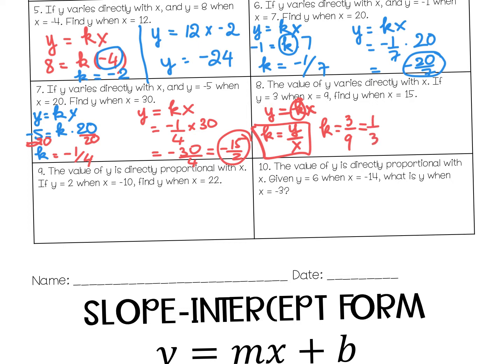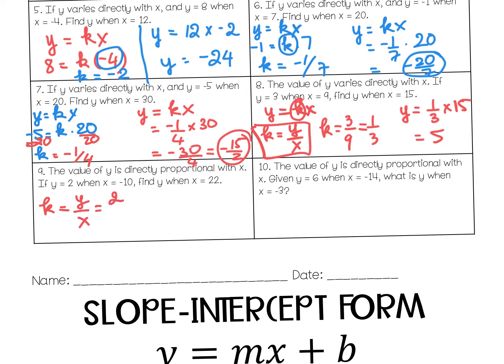Then to find y, you take 1/3 times 15. K times x, k is 1/3, x is 15. Multiply them, and y equal to 15 over 3, which is 5. Number 9: k equal to y over x.